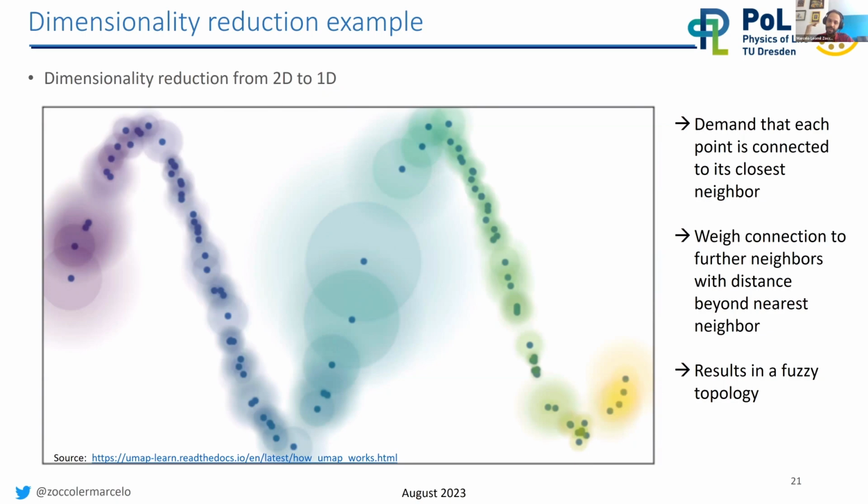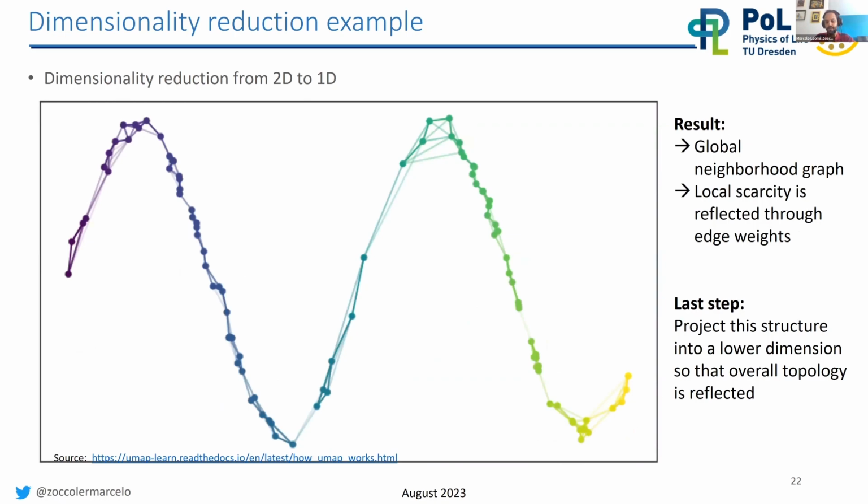It's not a yes or no anymore, but a fading away weighted connection. And this allows it to give different weights to these connections. So if they are strong neighbors, then you have some highways connecting them. And if they're far away, they will have a low weight connecting them.